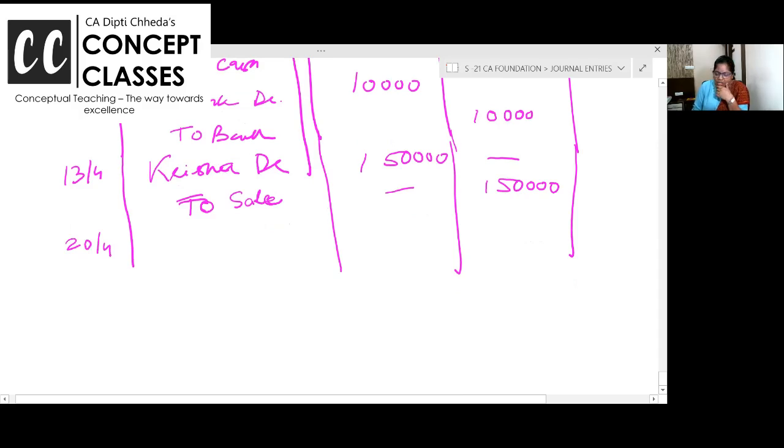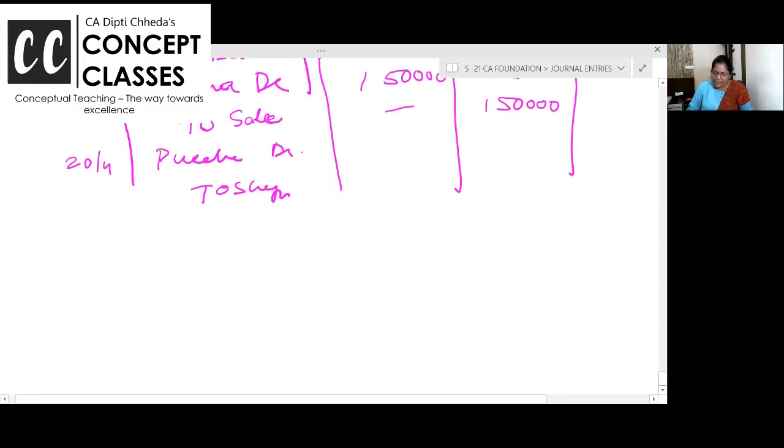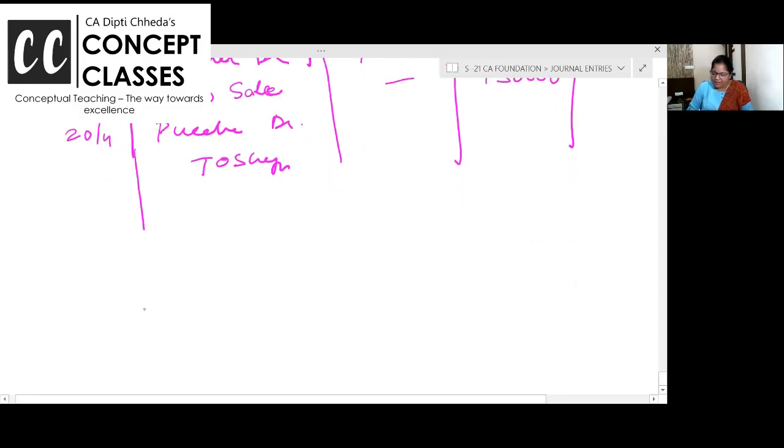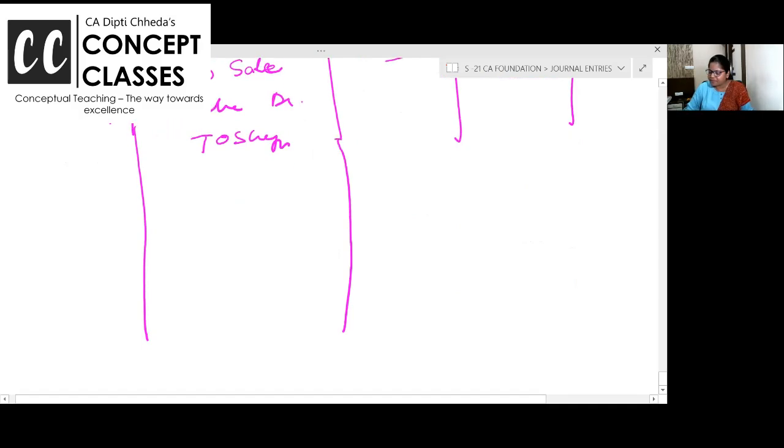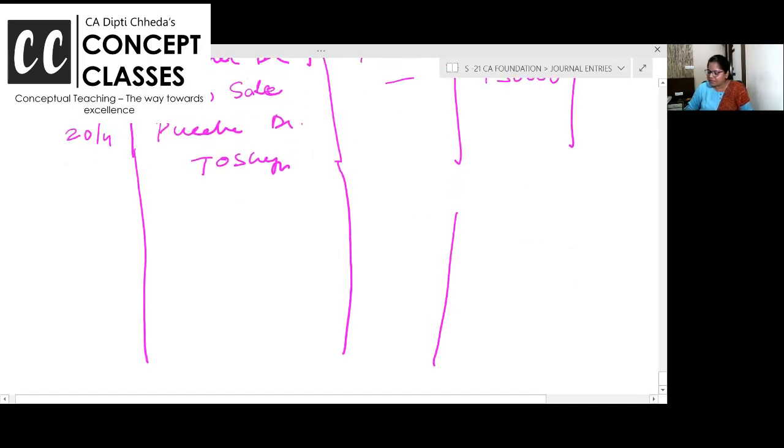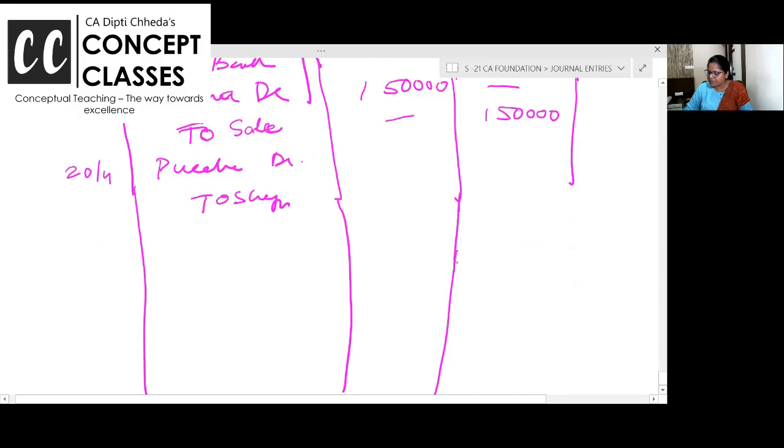Bought goods from Shyam on credit. Purchase account debit to Shyam. If I purchase in cash, purchase to cash. If I purchase by cheque, purchase to bank. But this time, I am purchasing the goods on credit. Purchase to Shyam.